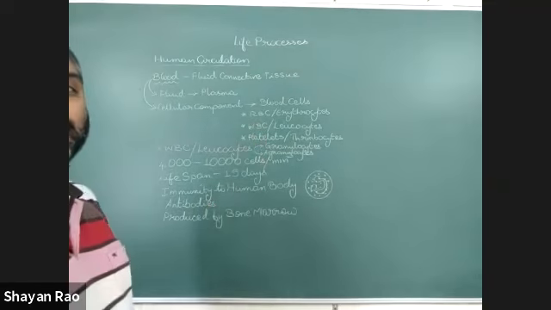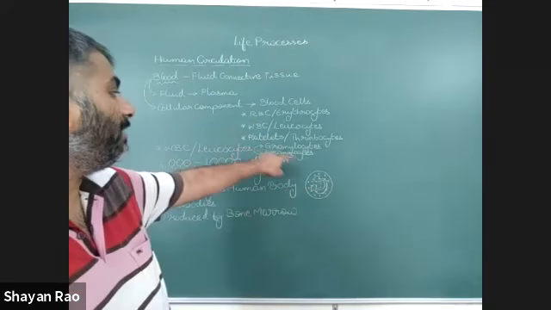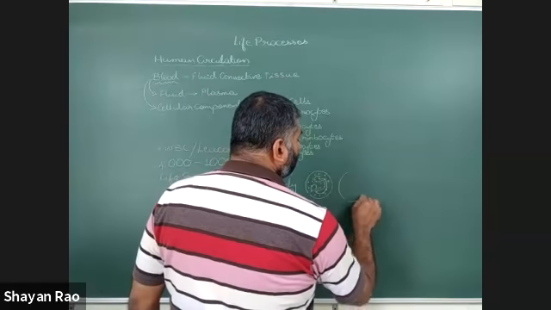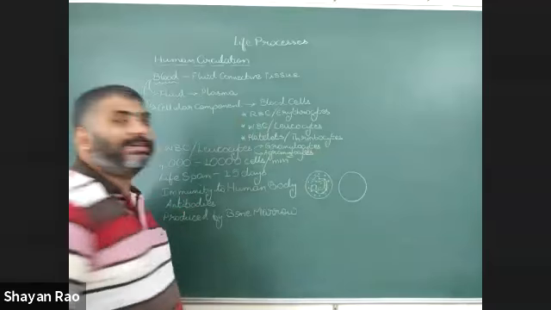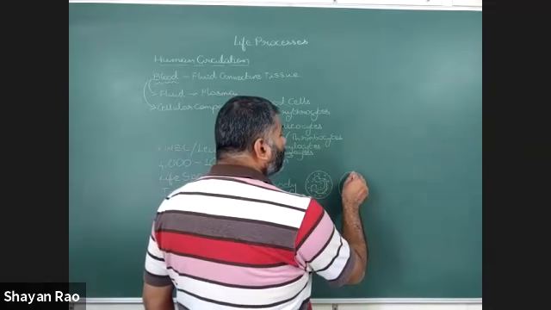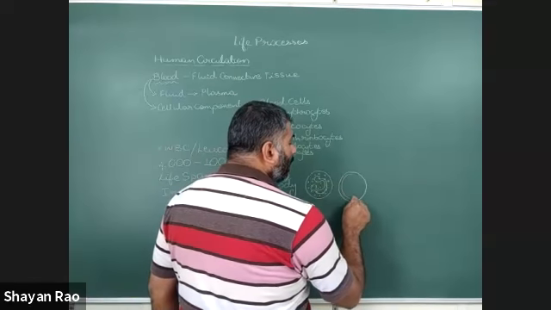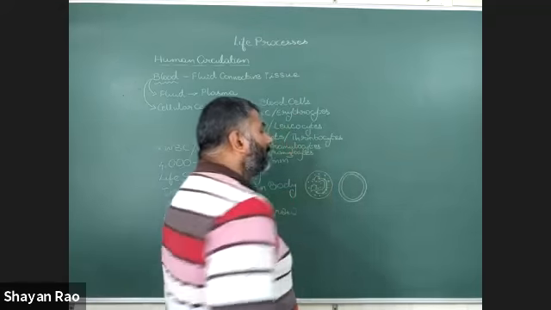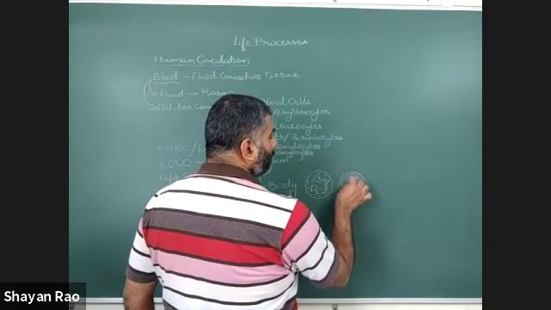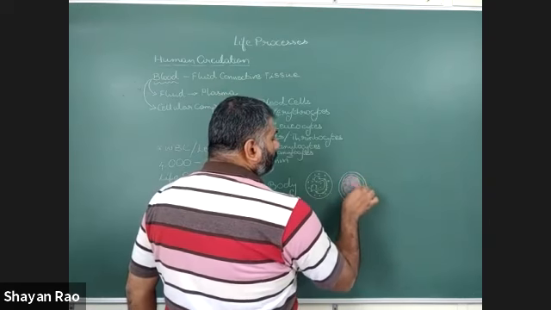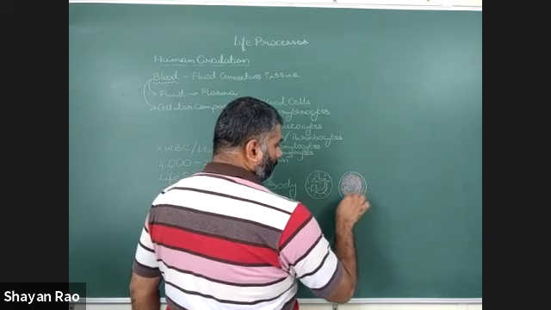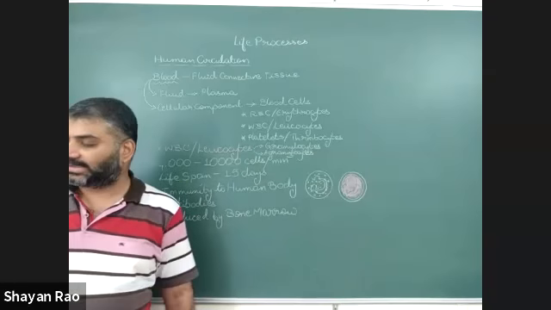That's the characteristic feature of a granulocyte. Whereas when you take agranulocytes, if this is the cell, there are no granules in the cytoplasm, but what we are able to see is the nucleus occupies a large part of the cytoplasm. So this is the nucleus. Got it? Understood? That's the difference.